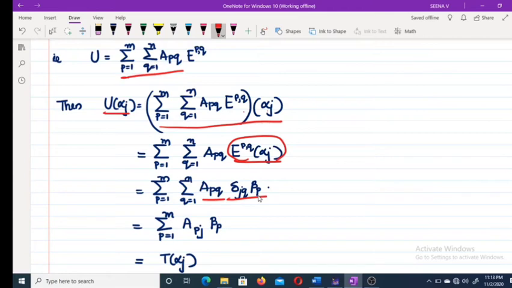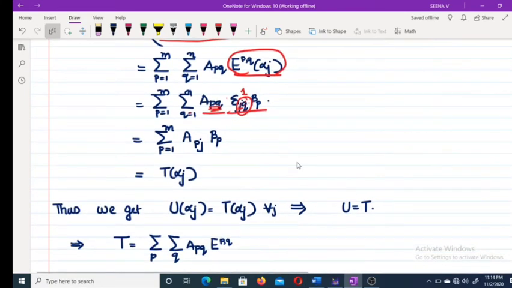First you take q equal to 1, then delta j1 is 0. Then q equal to 2, delta j2, delta j3, etc. Finally there comes delta jj. At that time this value is 1, and this becomes APJ beta p. Because q varies, when q is equal to j, this becomes 1 and this becomes APJ.